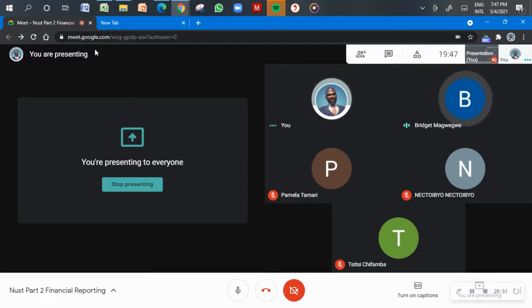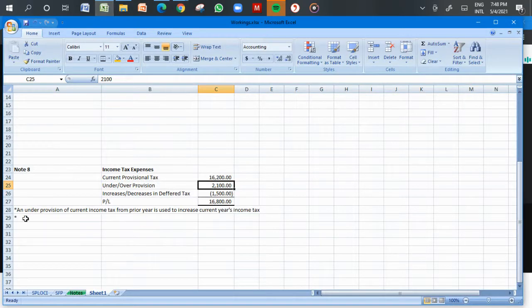So the 2,000 will be the other provision that we need to add on because we provided for tax, but which is lower than what Zimra actually wants from us. Exactly. That was exactly the point.